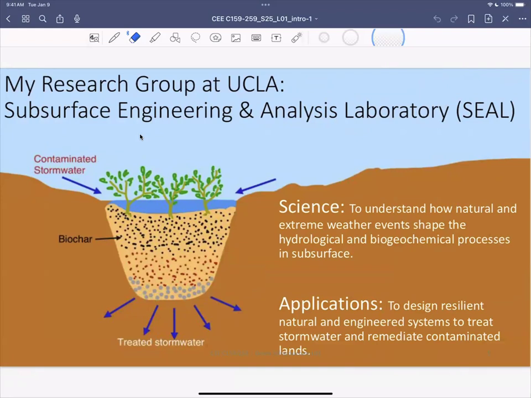Fundamentally, the science that we work on is subsurface contaminant transport. What that means is the subsurface is basically the skin of Earth, the top few feet of soil layer, which filters natural stormwater runoff and everything else that infiltrates into the ground and becomes groundwater.